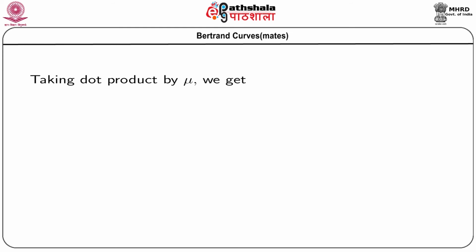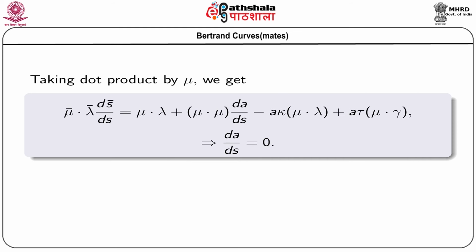Now, taking the dot product by mu, as mu equals mu bar, on the left hand side we replace mu with mu bar. So, mu bar dot lambda bar ds bar/ds equals, on the right hand side, mu dot lambda plus mu dot mu dA/ds minus a kappa mu dot lambda plus a tau mu dot gamma.